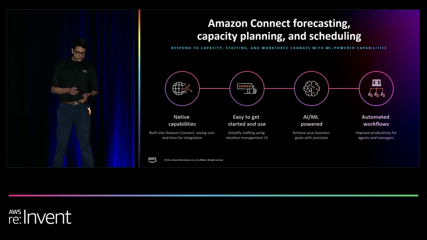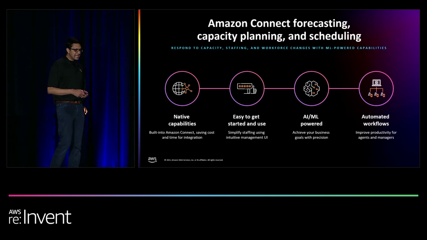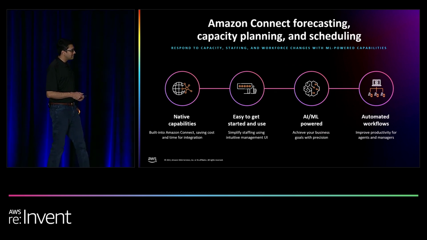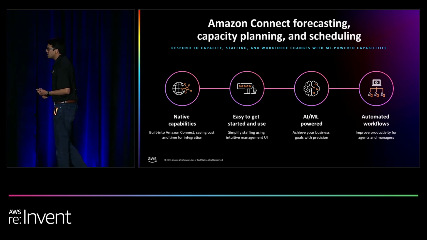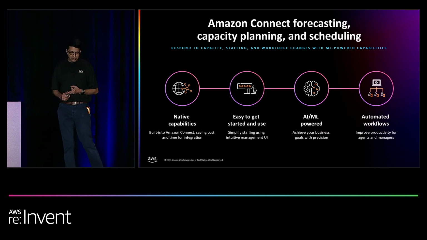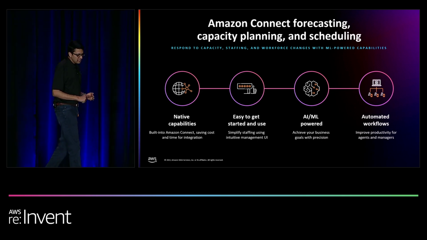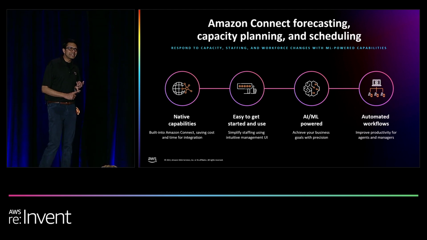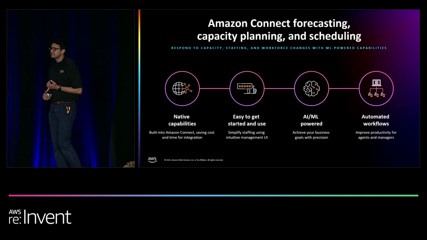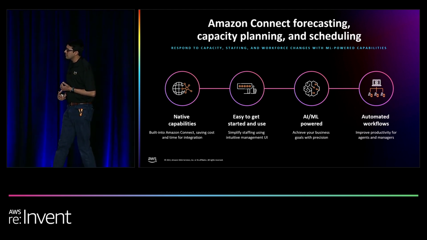So what we do is build a native, out-of-the-box capability to address all of those pain points, to solve all those problems that I talked about. First and foremost, it is built into Amazon Connect. That means you don't have to go hire an SI partner.